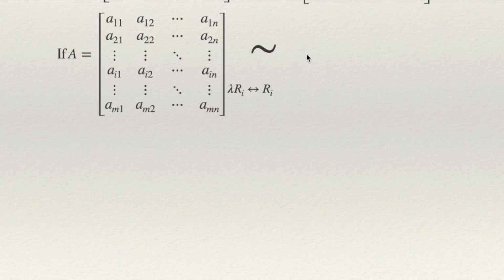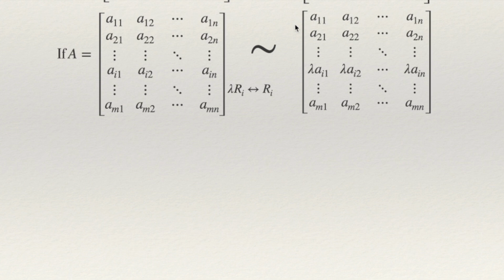So the answer will be a matrix like this. They have the same rows, all the rows are the same, but row i will appear multiplied by the scalar lambda. So that will be making this operation. Obviously, the matrix that we obtain is row equivalent to the previous one.